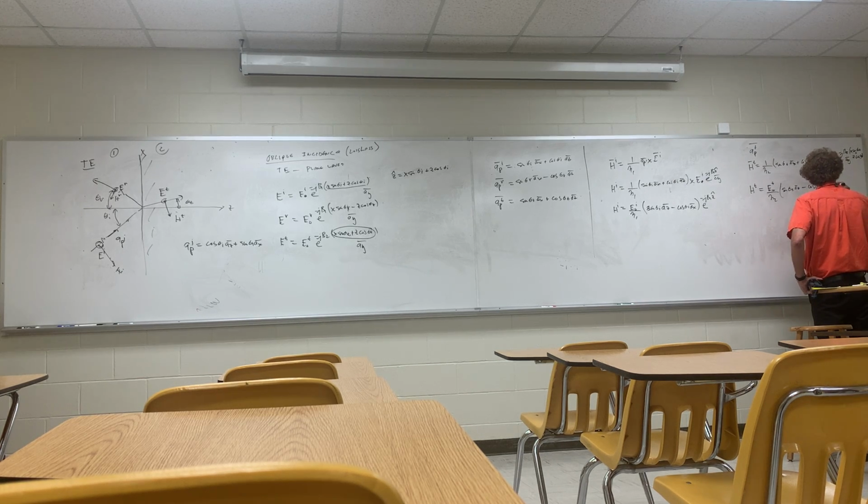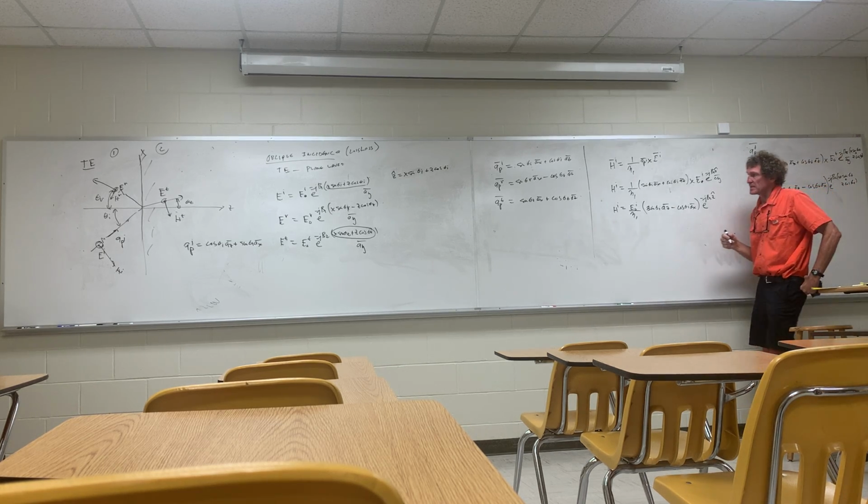Then I'll have that exponential e to the minus j beta 2 times x sine of theta transmitted plus z cosine of theta transmitted. And that's my transmitted H field.